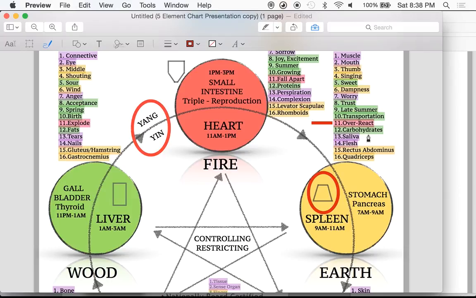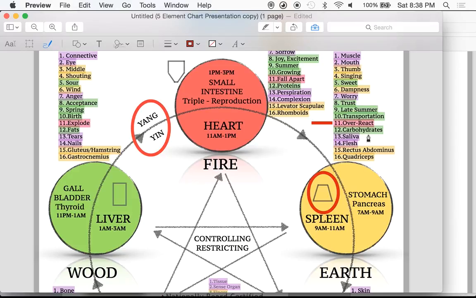Now, if you think about saliva, we've talked in our digestive discussions about how food is broken down into the 3 parts. The digestive process for carbohydrates starts in the mouth, for proteins starts in the stomach, and for fats the emulsification process with the bile coming out of the gallbladder is in the small intestine.